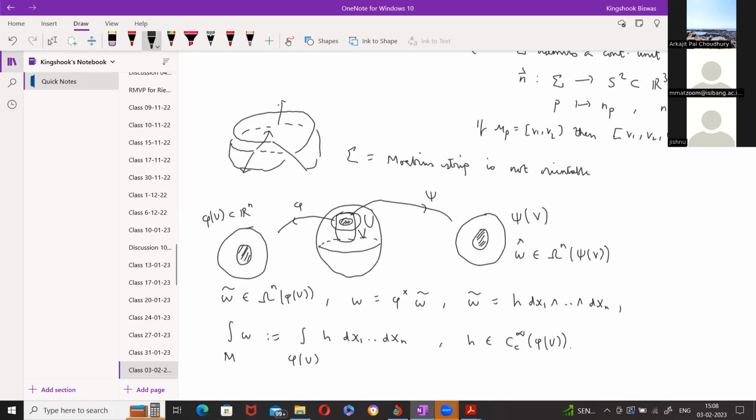And here I have a change of charts map, sigma. So here my omega hat is defined such that omega is equal to psi star omega hat.